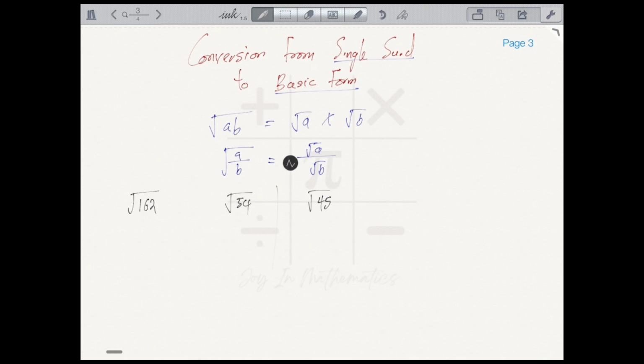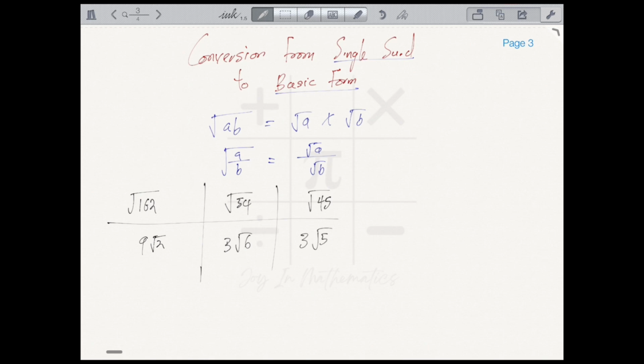The basic form for each of these can be written as 9 root 2, 3 root 6, and 3 root 5 respectively.